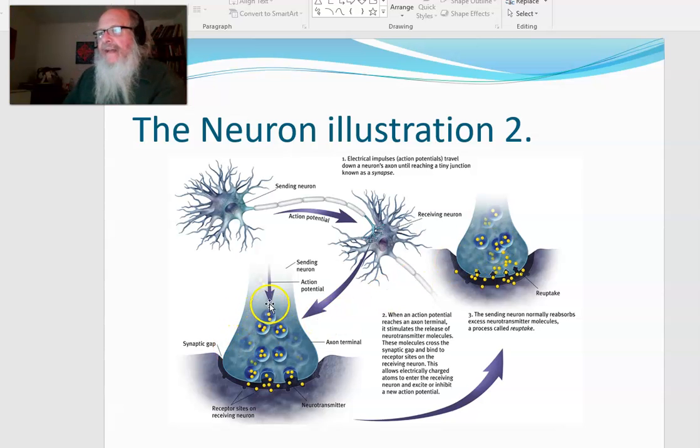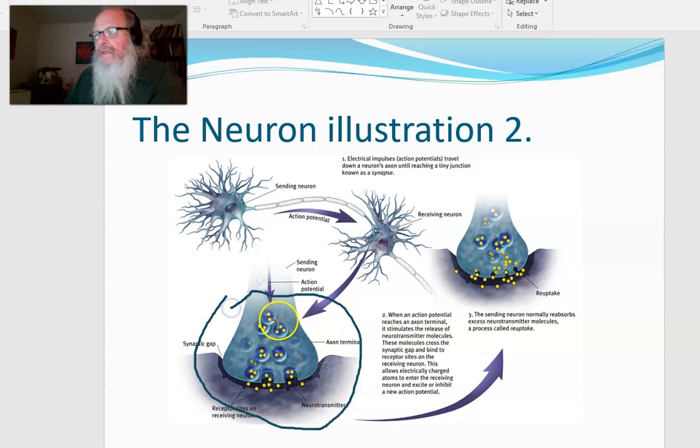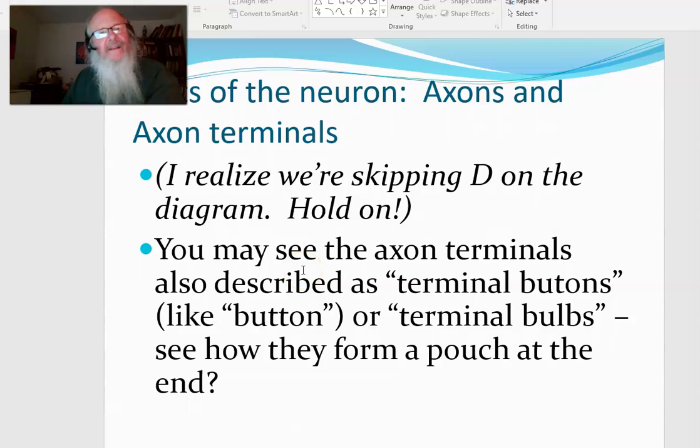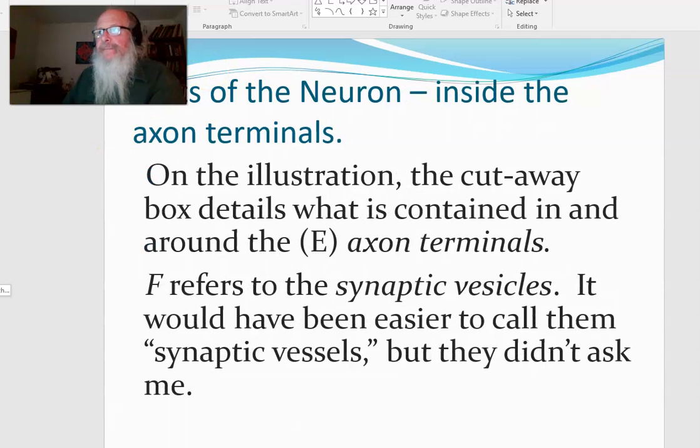We see that the axon terminal, and we saw this in the video, has these spherical packets. In the video we were looking at, they contained red dots. In this illustration, they contain yellow dots. This slide just talks about the fact that if you continue this, you'll find alternate terminology, but it's all talking about the same stuff.